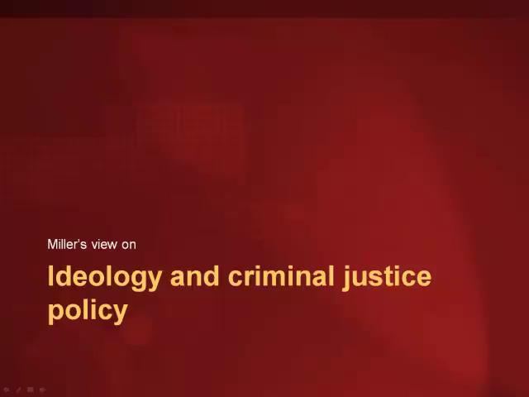In the late 60s, early 70s, Walter Miller published a book, a series of writings on ideology and criminal justice policy and the ideological effects. And what he argued was that when looking at any policy decision or rule, you have to start with a hidden agenda.